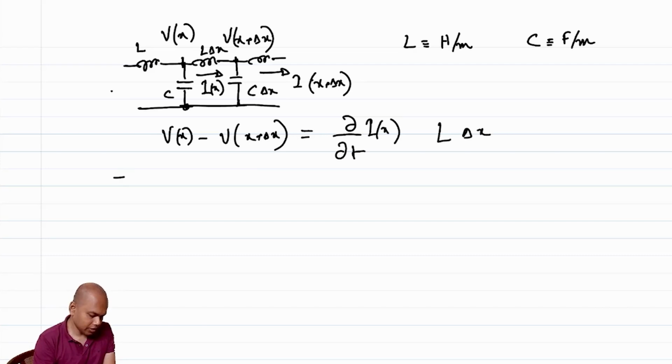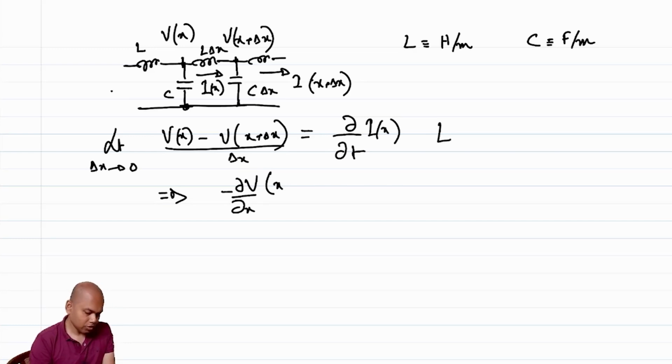I can write it as, this del x comes to this side, and in the limiting case of del x tends to 0, this becomes negative dou V dou x of x.